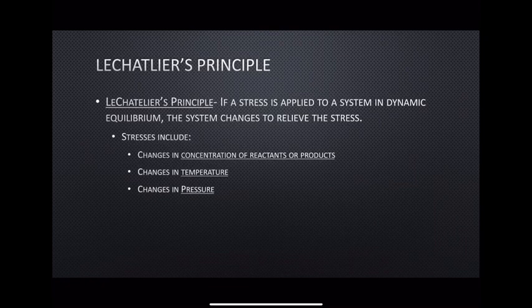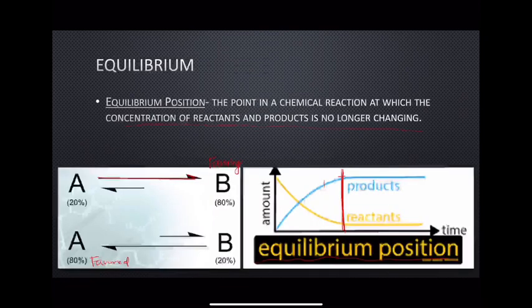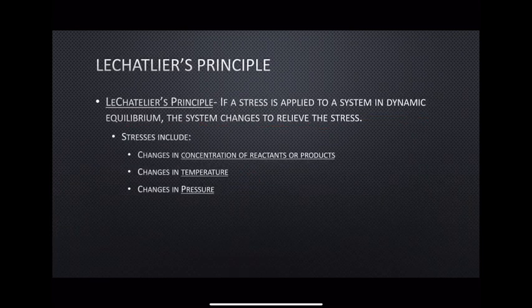They're not going to go 50-50 anymore. One of these arrows is basically going to get longer than the other, and one of the components, either the reactants or the products, are going to be favored. Okay? So what are those changes?